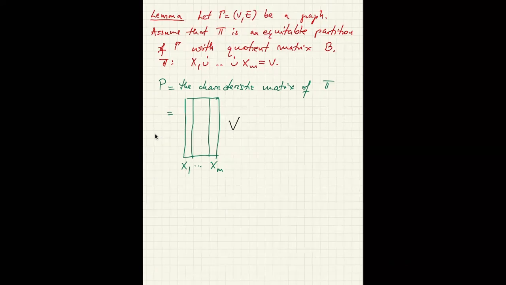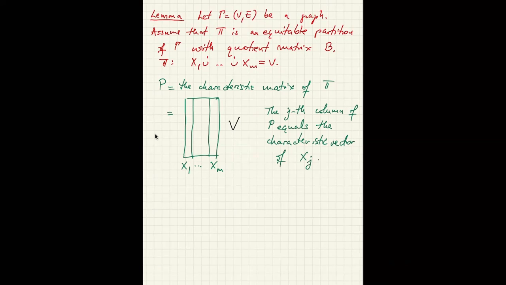And the way you define this P is essentially the jth column of P equals the characteristic vector of xj.